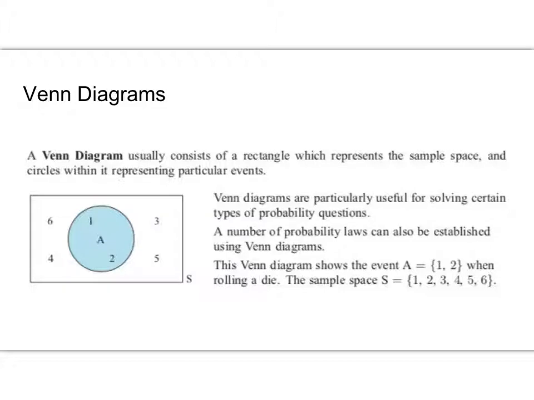This Venn diagram could easily represent rolling a dice because we have the numbers 1 through 6 in it. That's my sample space. And event A in that case would represent rolling a 1 or a 2. Venn diagrams are really helpful in solving some kinds of probability problems. Not all kinds, but some of them.